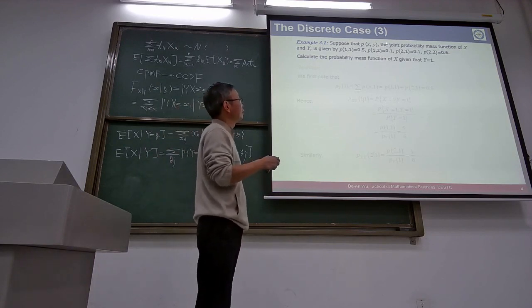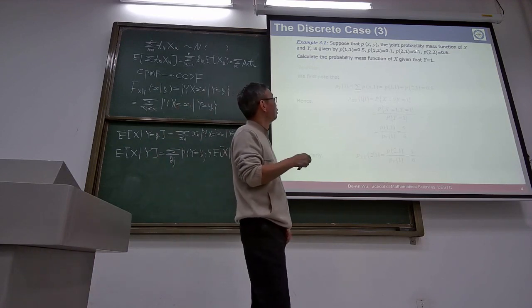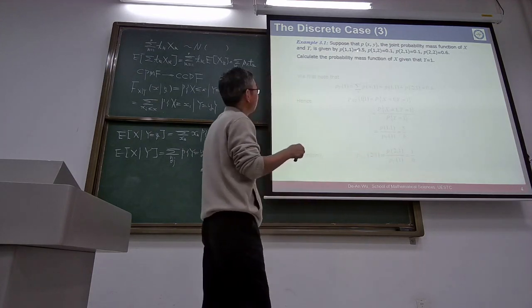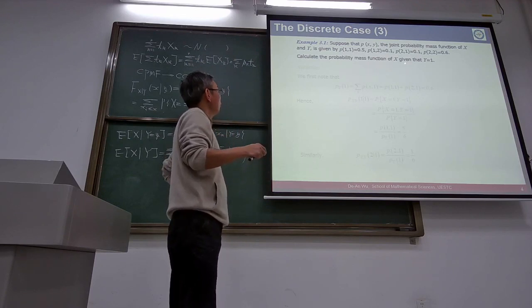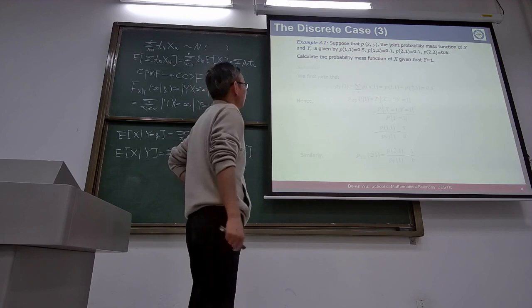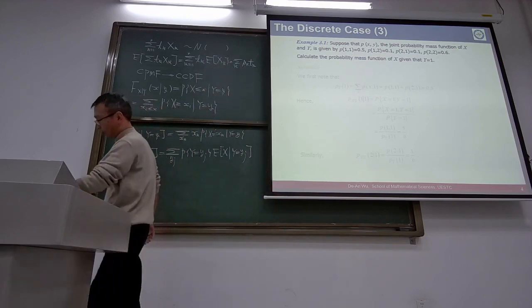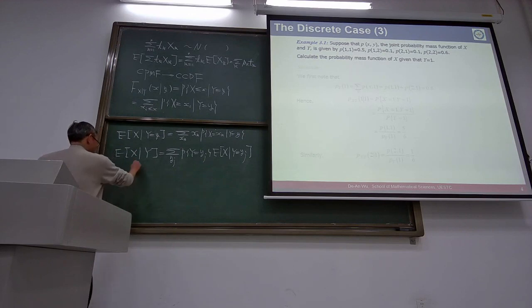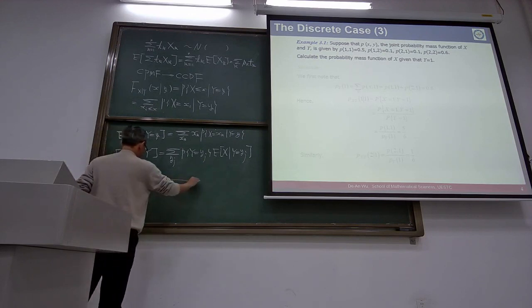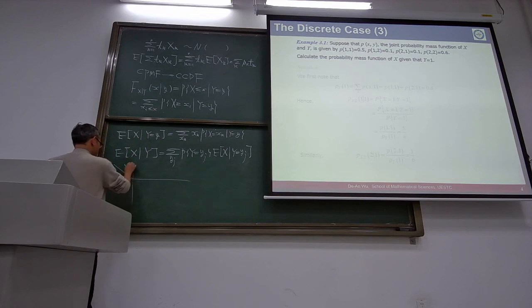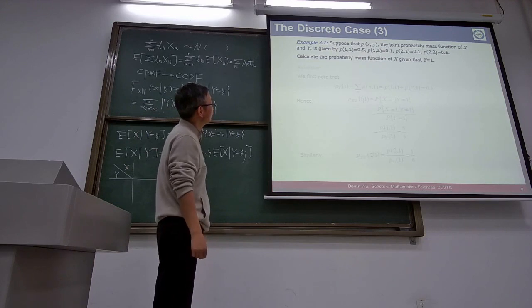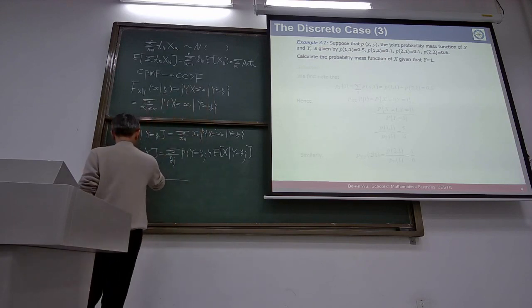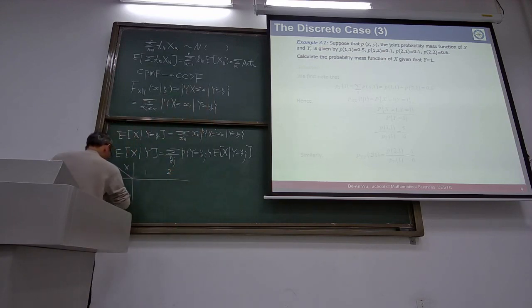Suppose that the joint PMF of X and Y is given by this table. Calculate the mass function of X given Y equals 1. Here you just need to find the table. X can take 1, 2. Y also can take 1, 2. Okay, let's take a break.